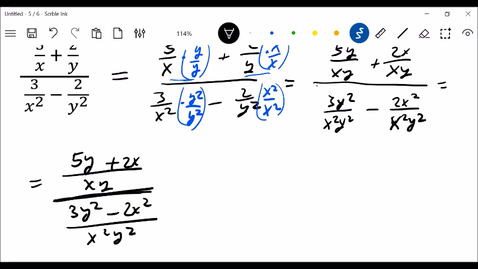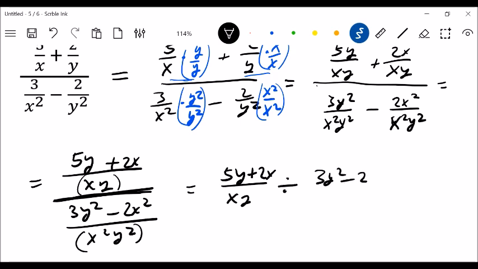But now I can use that division thing because I have single terms down here. So I have 5y plus 2x over xy divided by 3y squared minus 2x squared, that whole thing, over x squared y squared.